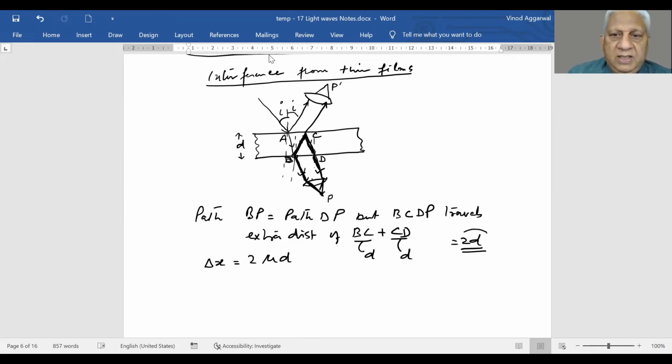But we don't take this path difference as it is, because this is in this media. And we have seen velocity of sound, velocity of light in different medias are different. So to equalize them, a term is used called optical distance.